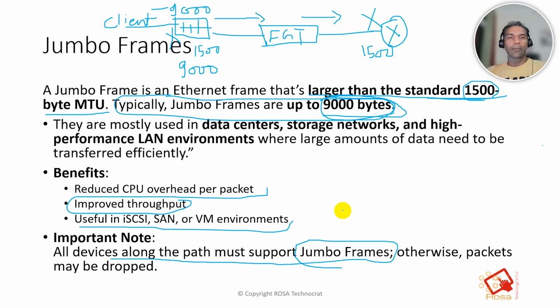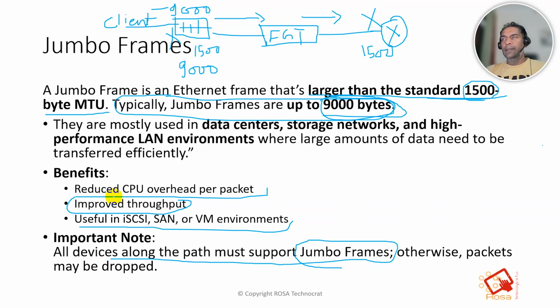So when you are enabling jumbo frames or changing the default MTU, make sure you are changing it on all the devices across your network path, or within your data center, within the network that you control. Make sure you change it on all the upstream and downstream devices to handle the jumbo frames properly.